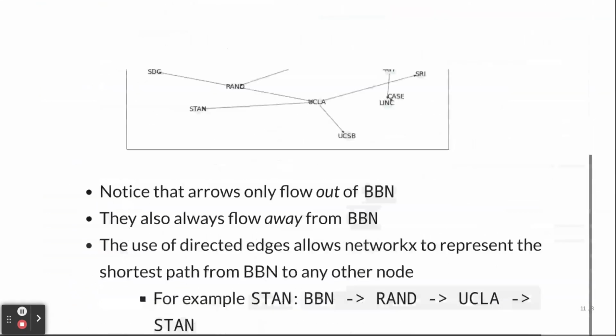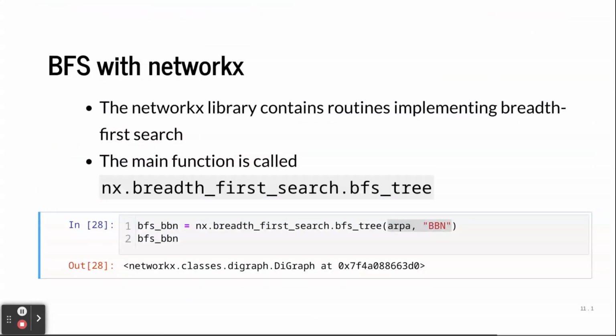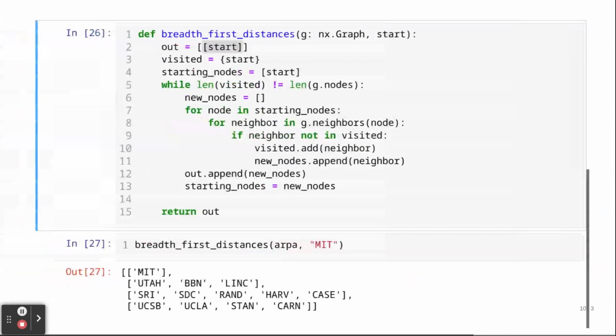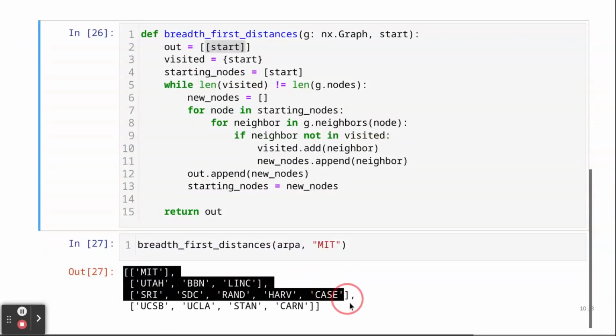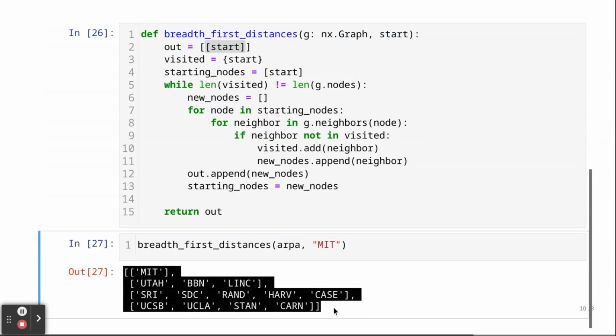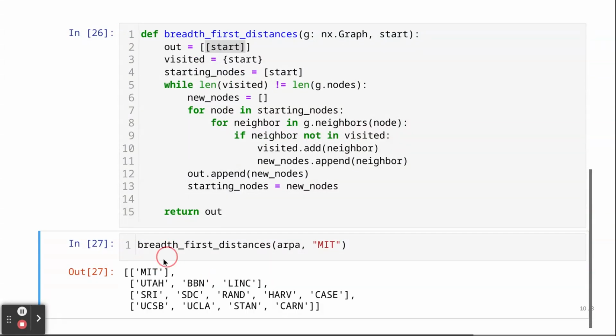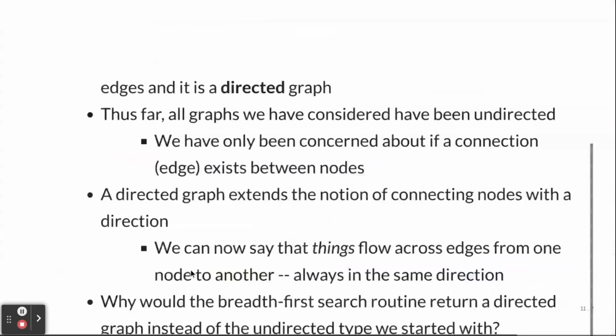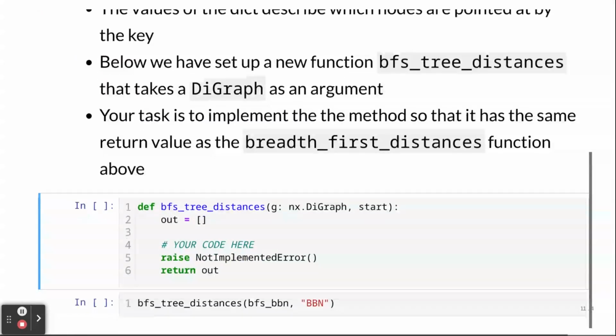We want it to return this list of lists. We have to go from the dictionary version NetworkX gave us to this list of node names. That's the task we ask you to do in this function.